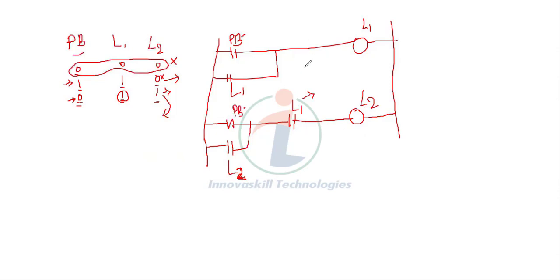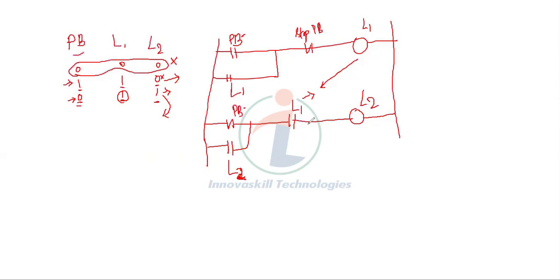So now what we have to do is, if you want to stop everything, I have to use the stop push button. So if I use the stop push button here, what will happen is L1 will be off. If L1 is off, L1 only I have taken as interlocking here. So if L1 is off, automatically L2 also will be deactivated.